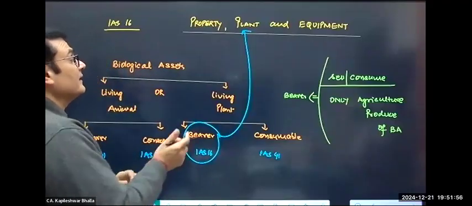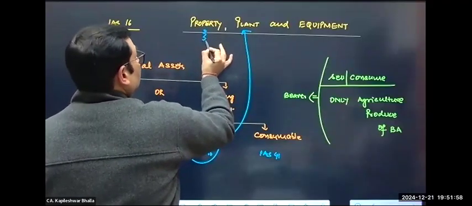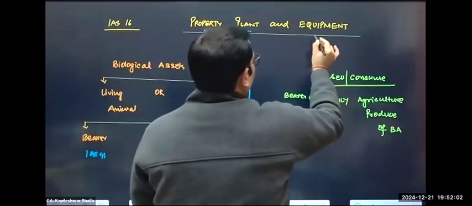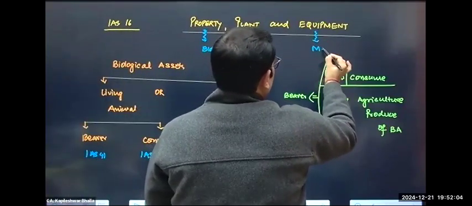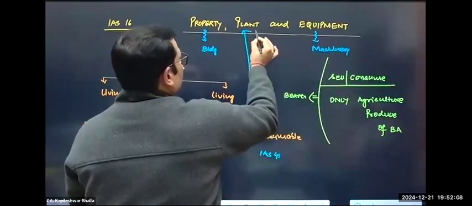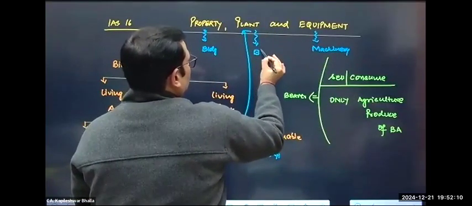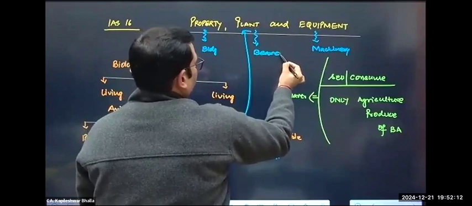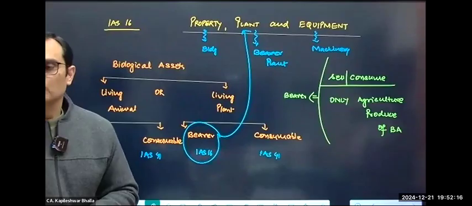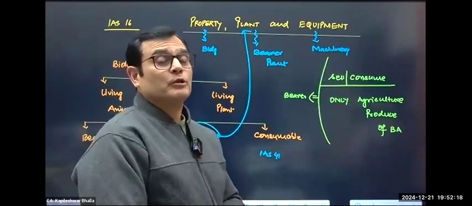So when I say property, the word property means that you're focusing on a building. When you're looking at equipment, the focus is on machinery. And when you're looking at this plant, the focus is on the bearer plant. So these are three words: property, plant, equipment.